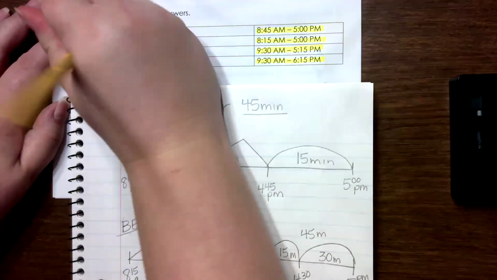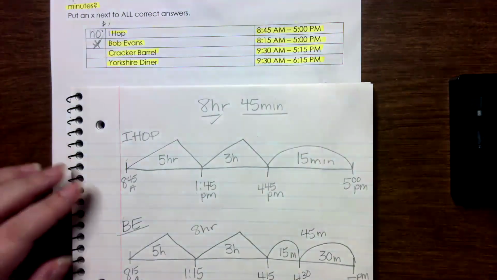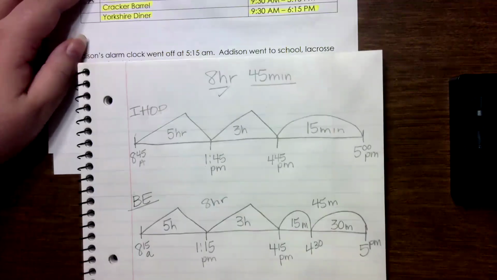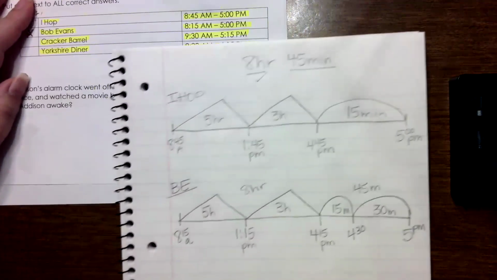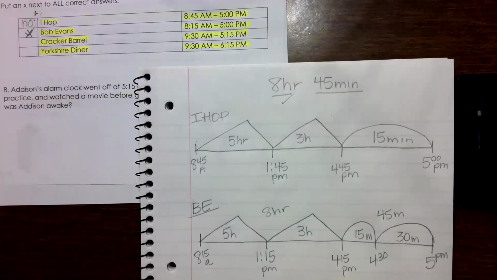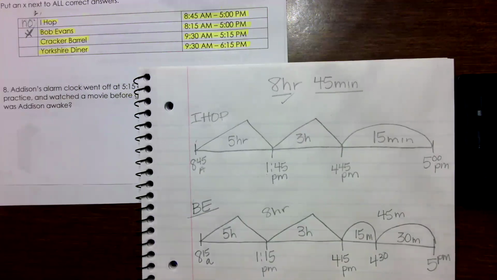Okay. Now let's check out Cracker Barrel. Let's see if Cracker Barrel works. So I'm going to move this paper up a little bit to the side. And let me make my number line. This is CB for Cracker Barrel.